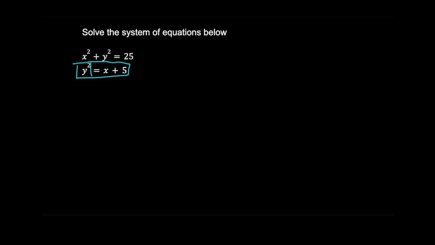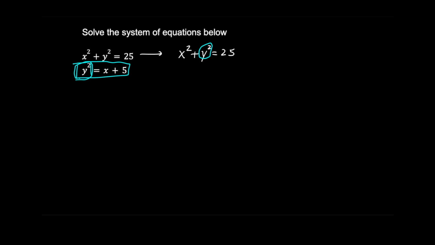And then when we go into the second equation here, x squared plus y squared equals 25. So instead of just replacing y, because I don't have y by itself, I have y squared by itself, I'm going to replace y squared.